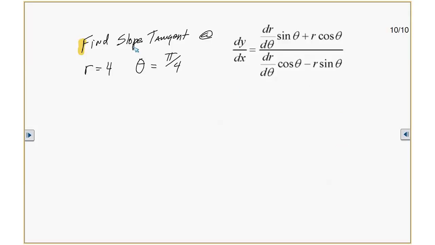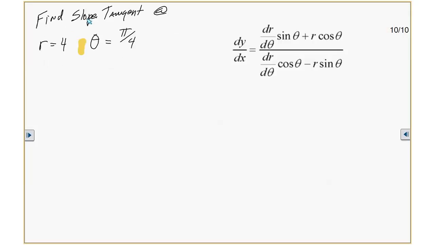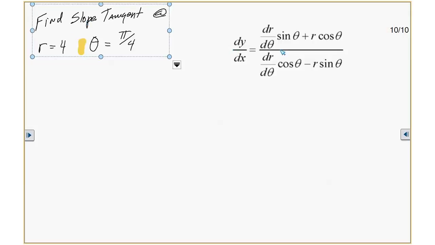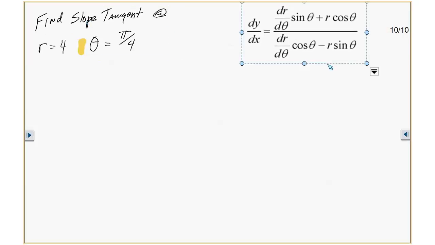Go to it. Do not plug in theta until you get everything, until you get the derivative. That's a mistake some students do. They try to plug in theta. You don't plug in theta till the very end of your derivative.